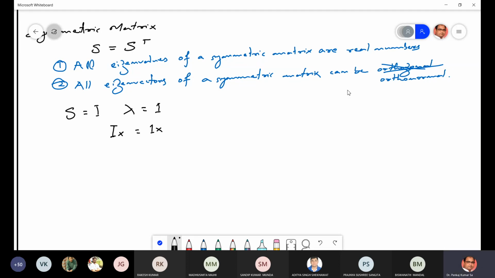That is why it has been written as "can be". You can choose it to be orthogonal.